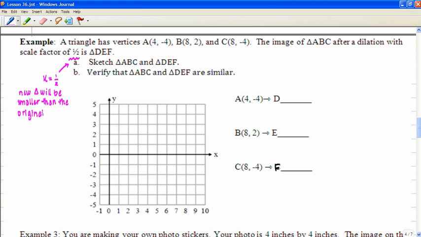Okay, so in this case, I'm going to multiply all of my original points by half.